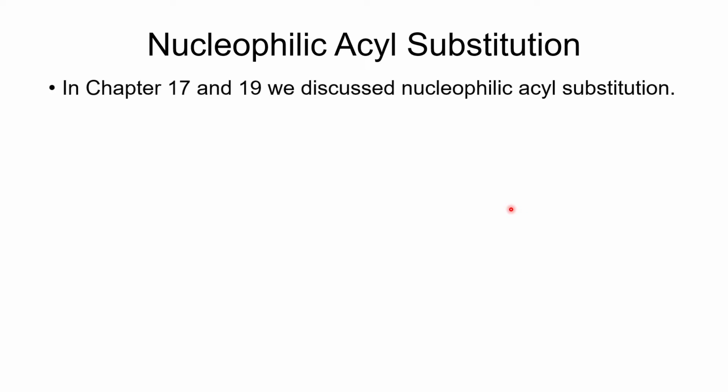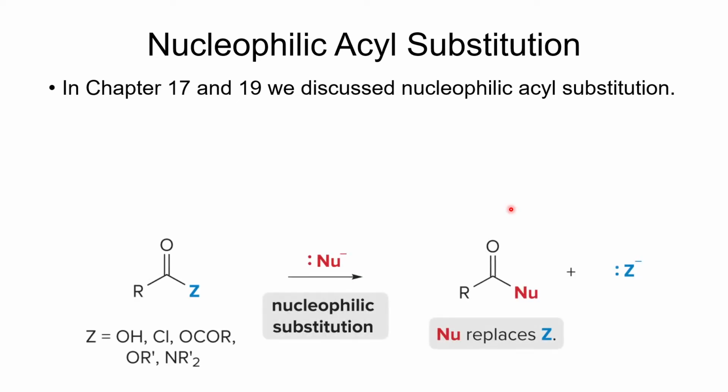All right, so now we want to look at nucleophilic acyl substitution. This is something that we talked about initially back in chapter 17, and then we discussed it some more in chapter 19, but it bears mentioning again, so at this point you're probably pretty used to seeing it. We're going to talk about it quite a bit in this chapter, and here we're going to include, in addition to chlorides and esters that we've talked about previously, carboxylic acids, acid anhydrides, and amides.